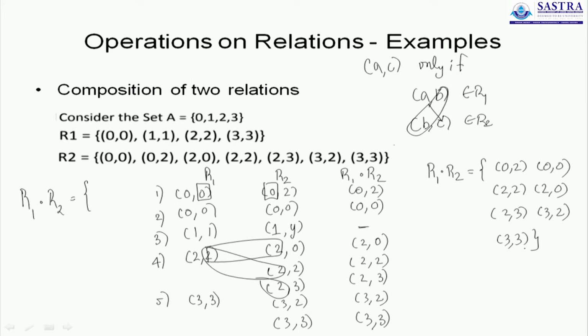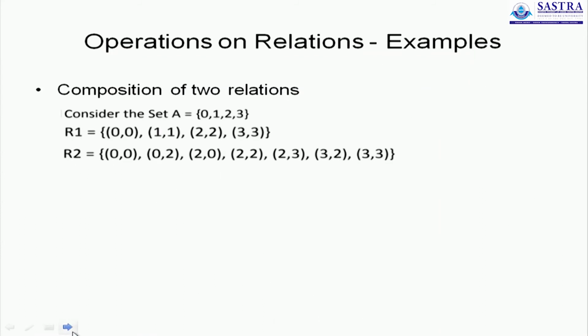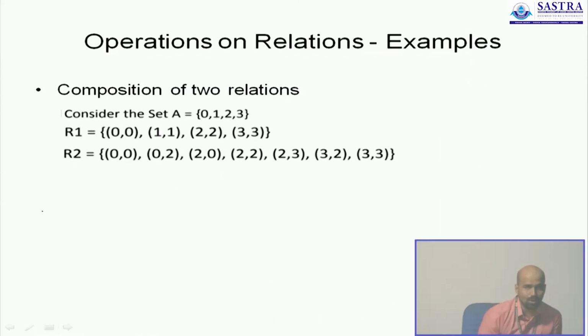But you don't have to do the same kind of a meticulous calculation every time you are dealing with the composition of two relations. You can also perform the same operation by multiplying the corresponding matrices. Let's try that on the next screen. I can multiply R1 and R2.